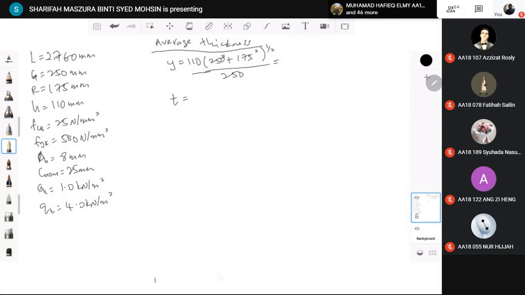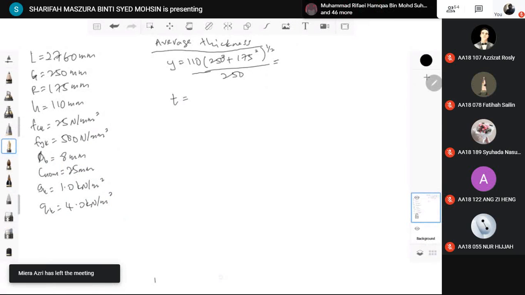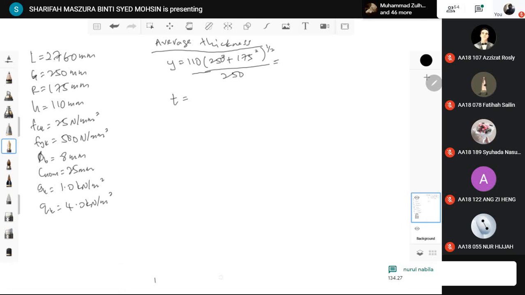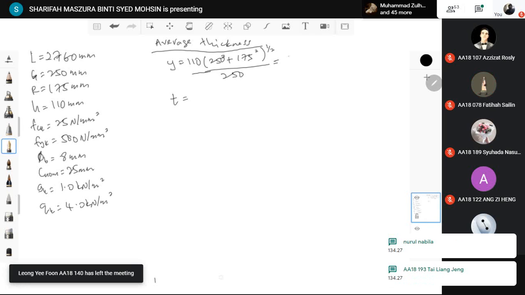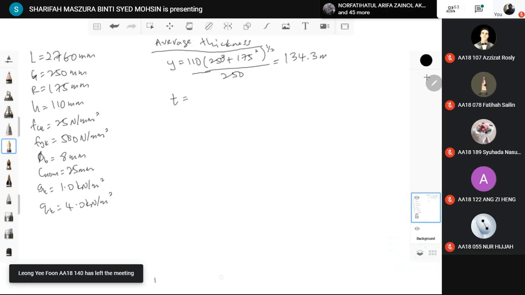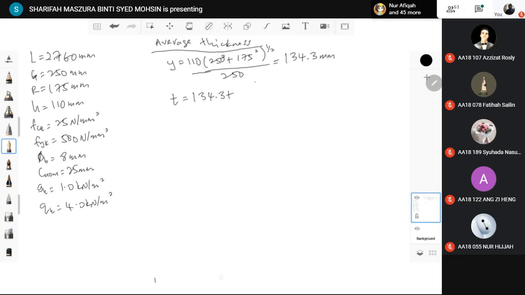So y value, what we got? 134.3 plus riser divided by 2, 175 divided by 2.